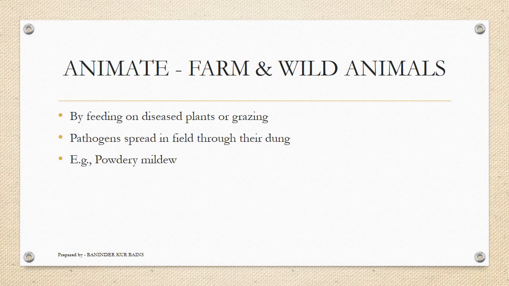This is farm and wild animals. When they graze on the infected plants and afterwards on the healthy plants, then they can carry pathogens by feeding or grazing. And through their dung, when it is spread in the field as farmyard manure, then the pathogens or spores get transmitted. One of the diseases which is transmitted by farm and wild animals is powdery mildew.